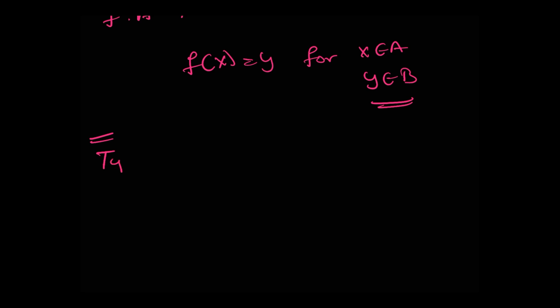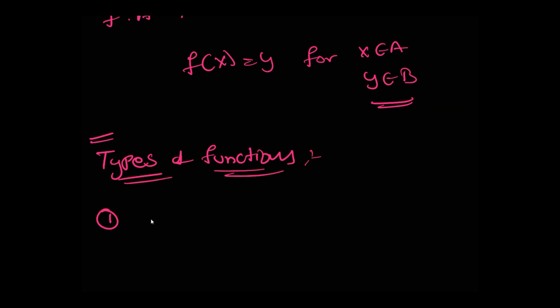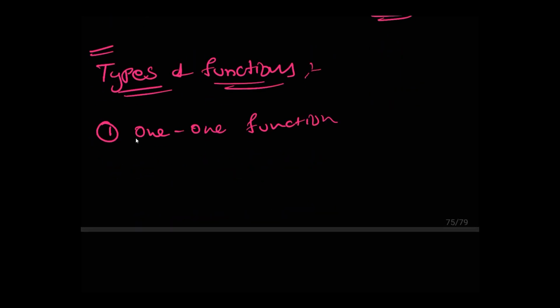Types of functions. The first one is the one-to-one function. For this, a function from P to Q is said to be one-one if for each element of P there is exactly one distinct element of Q for the function.